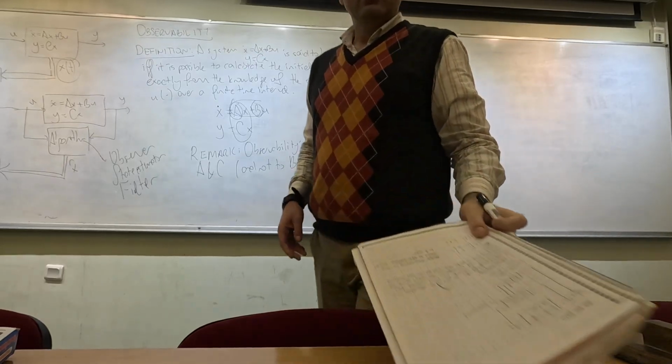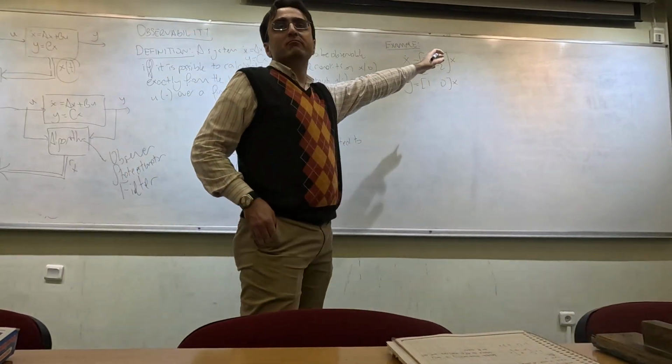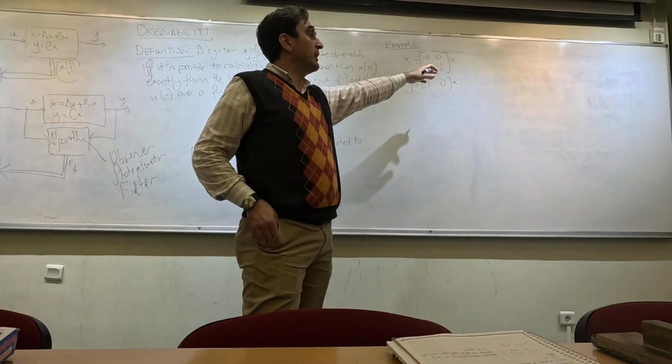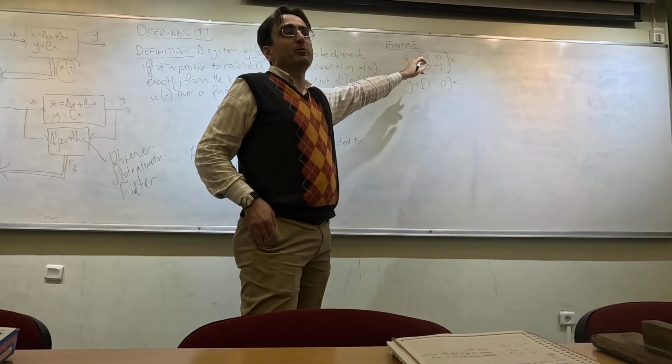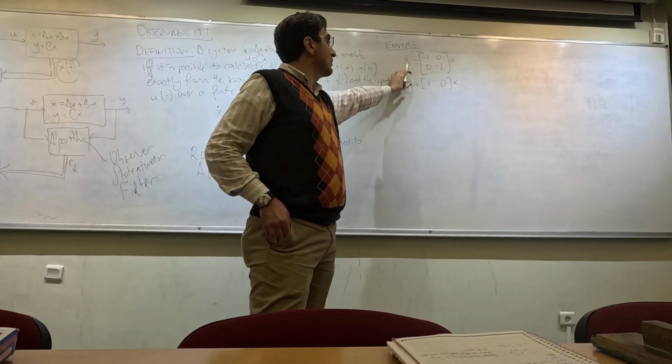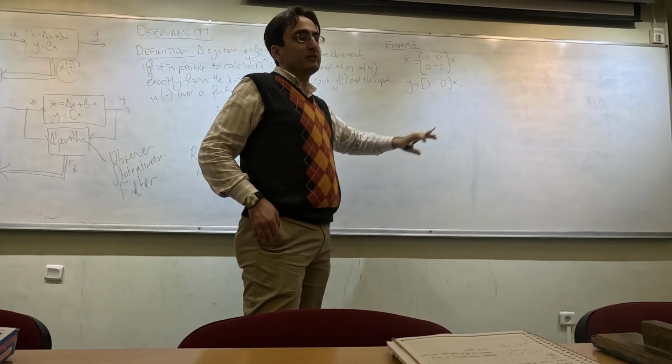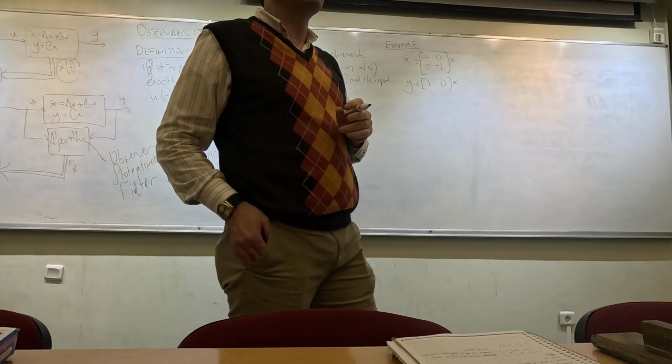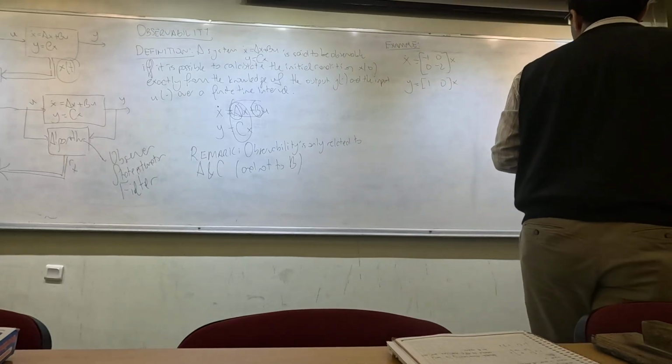Here I haven't written any term related to B, so this system just gives a response related to its initial condition. Input is irrelevant. I'm just going to look at this A and C, and we'll try to understand if this system is observable or not.